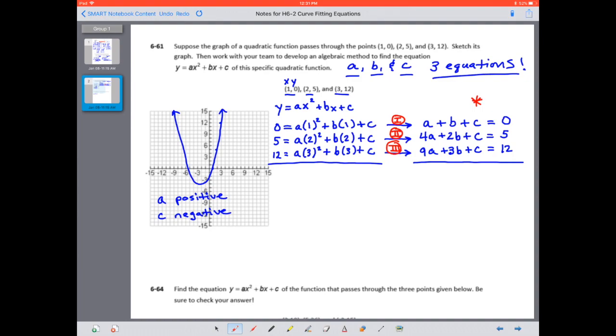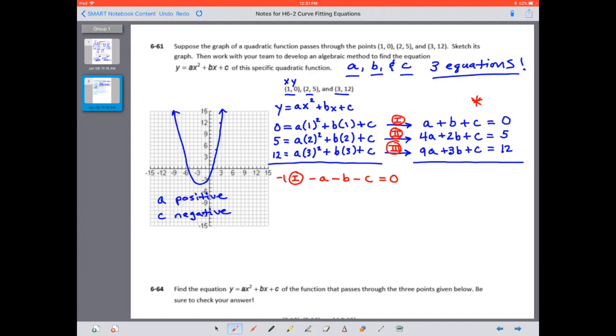I'm going to do -1 times equation 1. And please feel free to pause it, solve it, then fast forward to see if you're right or wrong. I would actually prefer if you try to do that here. That'd be good practice with these kinds of problems. We should have -a minus b minus c equals 0.